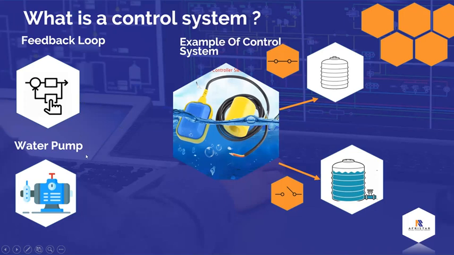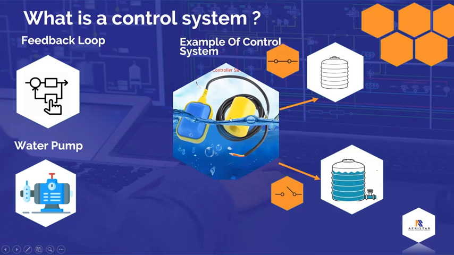To understand better, we can give an analogy of a water pump using a float switch. The float switch is connected together with the water pump, and it is used to control the level of a fluid in a tank.